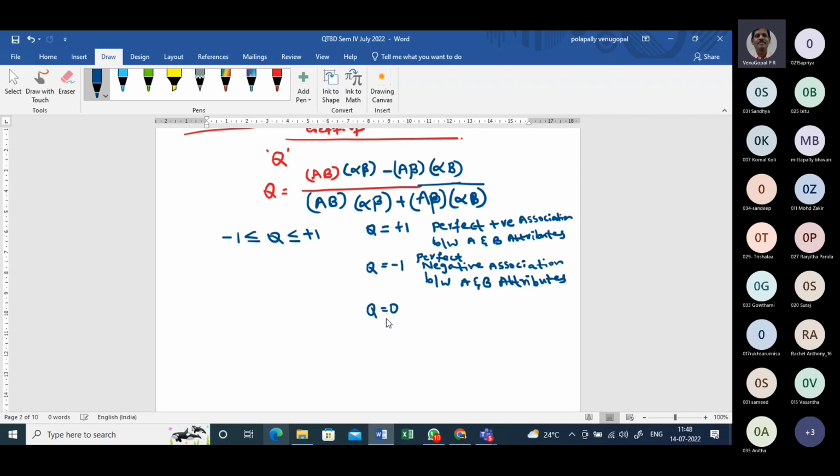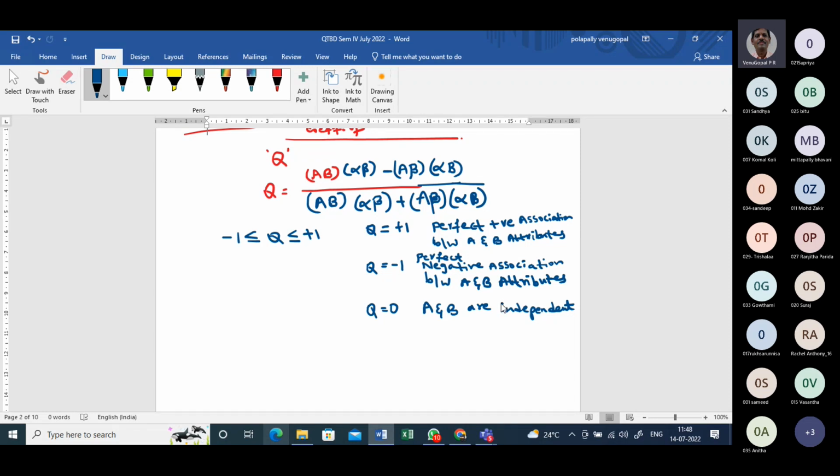Q is equal to 0. That means A and B are independent. What do you mean by independent? There is no association, absence of association between the attributes. Is that clear, children?